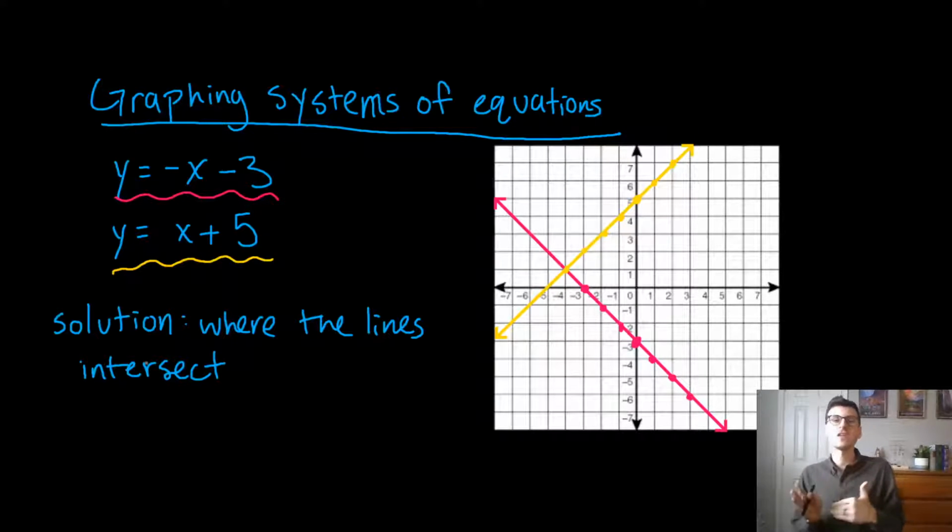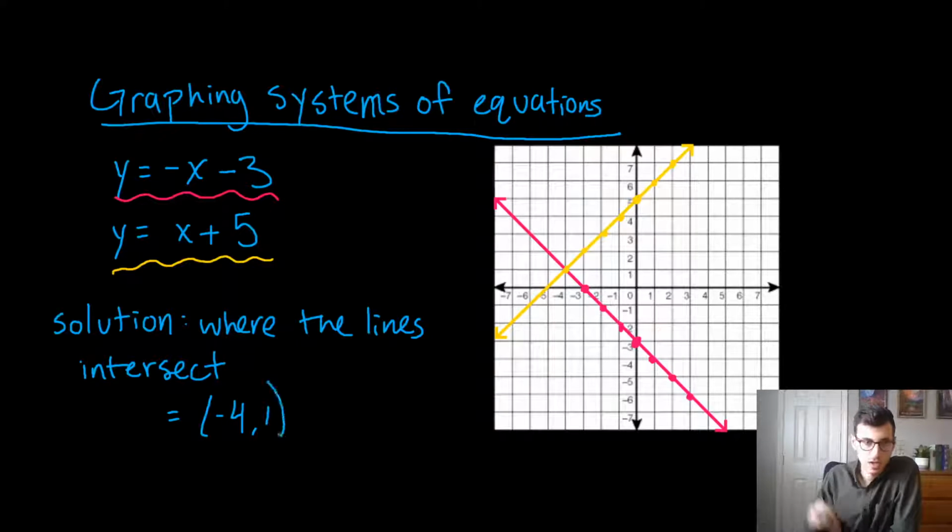That doesn't mean that x equals y, it just means that for one graph, x and y are two numbers, and then for the other graph, x and y are the same numbers. So, for instance, in this graph, the solution would be negative 4 for x and 1 for y. So the solution would be negative 4, comma 1. Because that's the point, maybe we can make it really clear that it's right there. That's the point where my two lines cross.